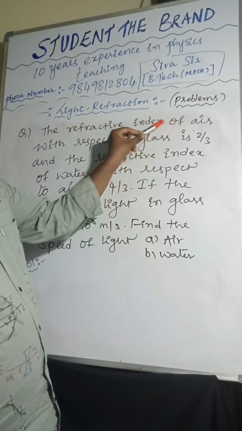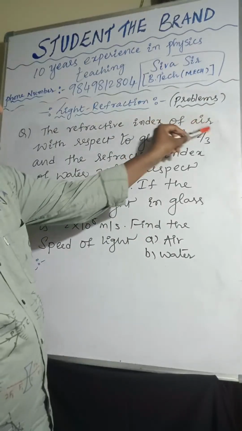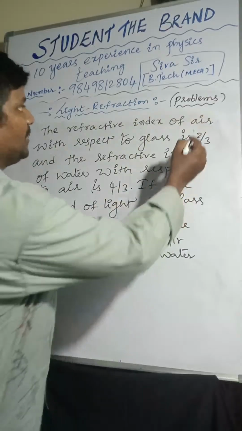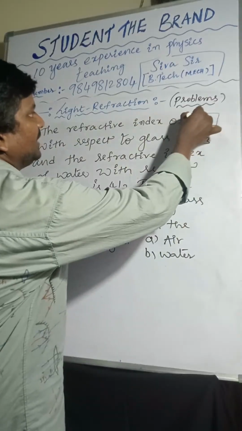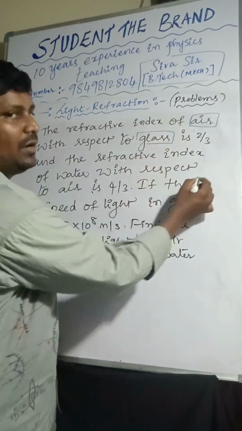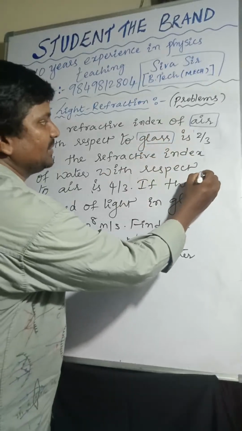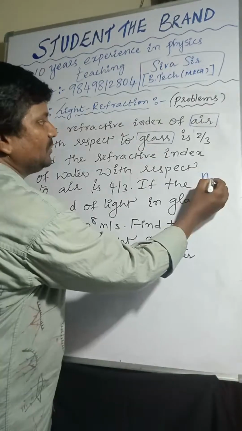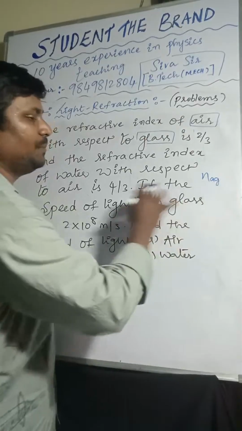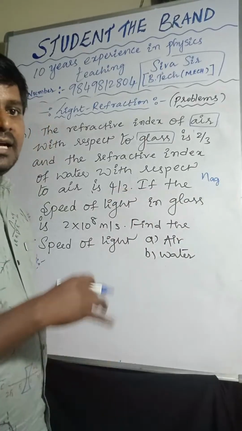Refractive index of air with respect to glass. Which medium is coming first? That is air. Which medium is coming next? That is glass. So while writing, you must take it like this. Whatever medium comes first you write here, and whatever medium comes next you write here. That's enough.